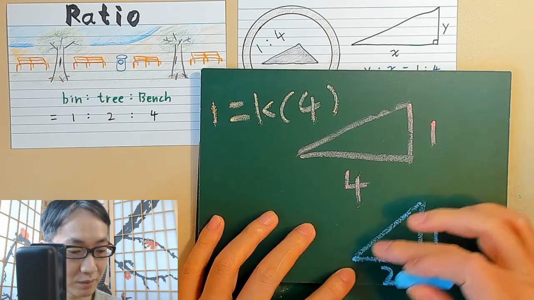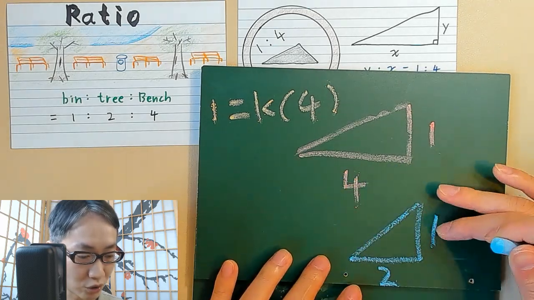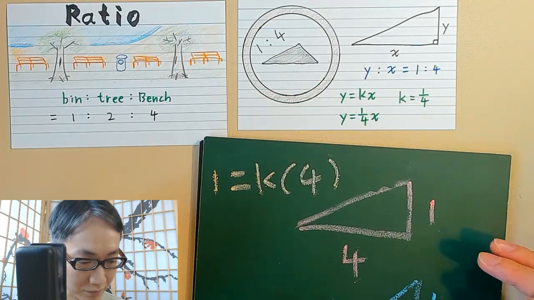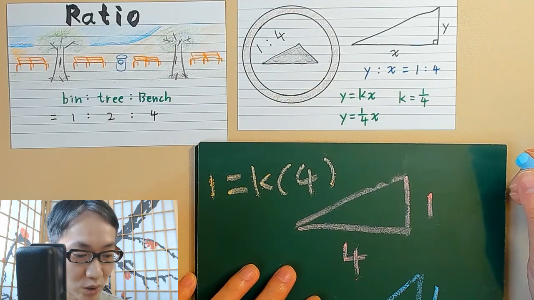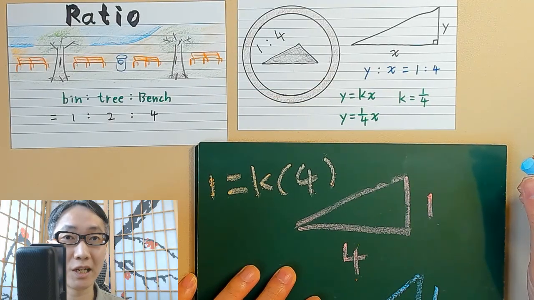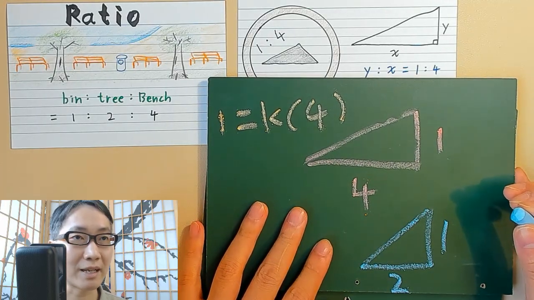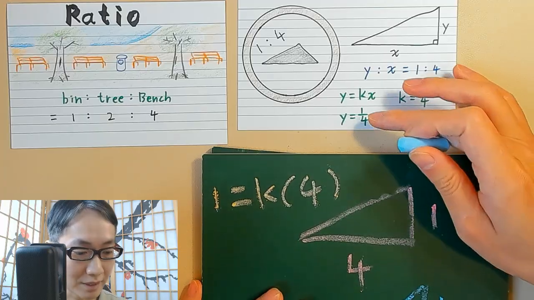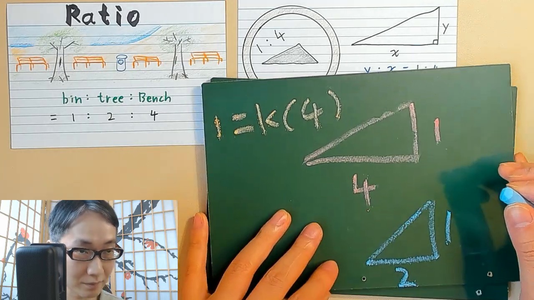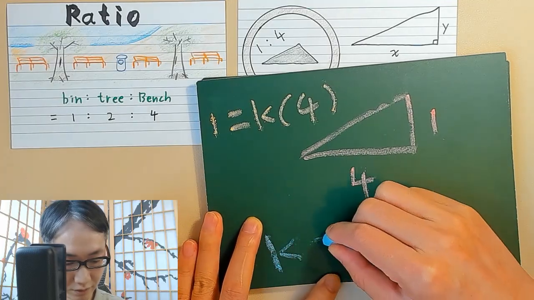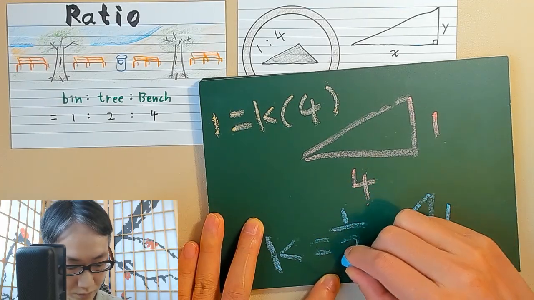You see, this is much steeper because this is shorter, but the vertical displacement doesn't change. Then the gradient will be 1 over 2, which is a larger number. A larger positive number means that it is a steeper slope. So in here, k is equal to 1 over 2.